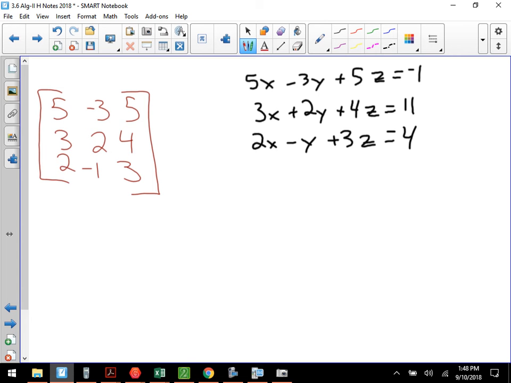When the numbers are in front of variables, what are those called? Coefficients. Very good. Now, what would I put for that? If there's no y value, what's its coefficient? 0. So if there's no y value, this would have become a 0. It just holds its place, right?